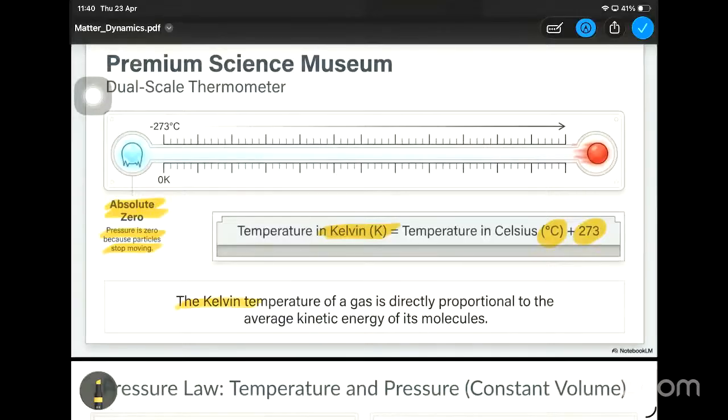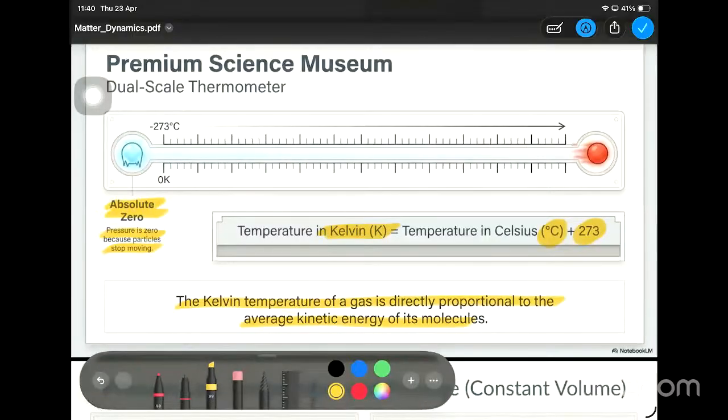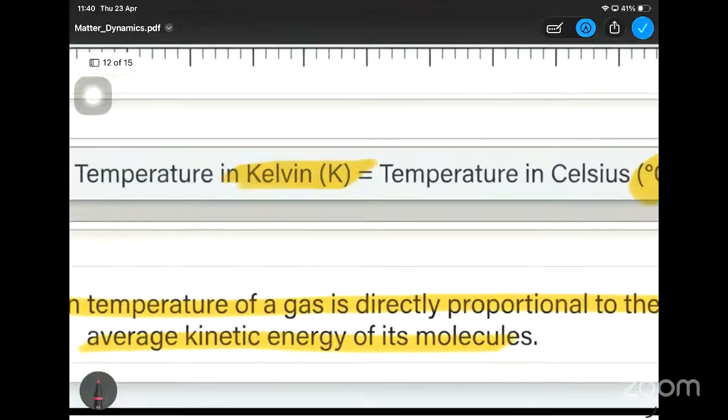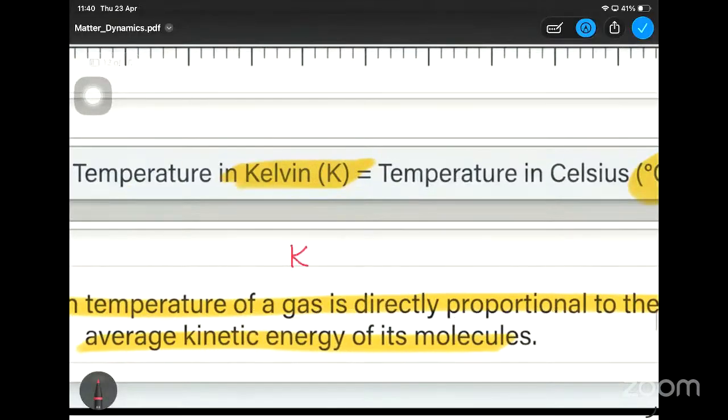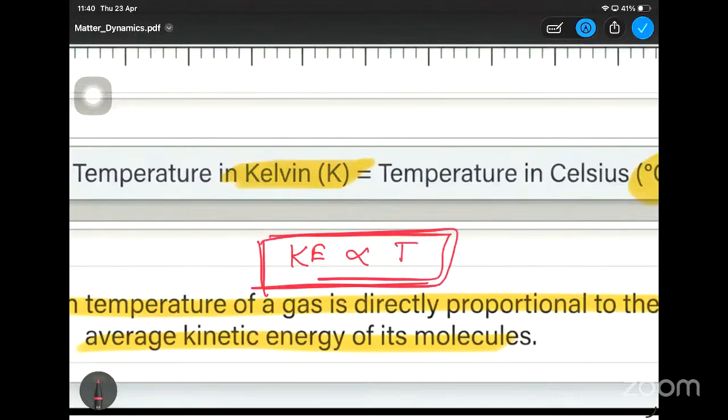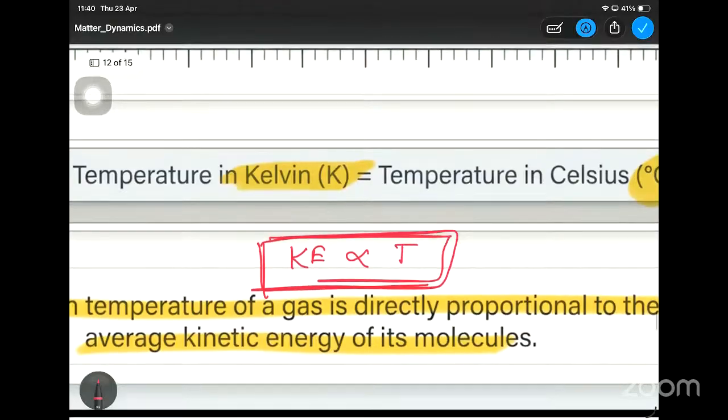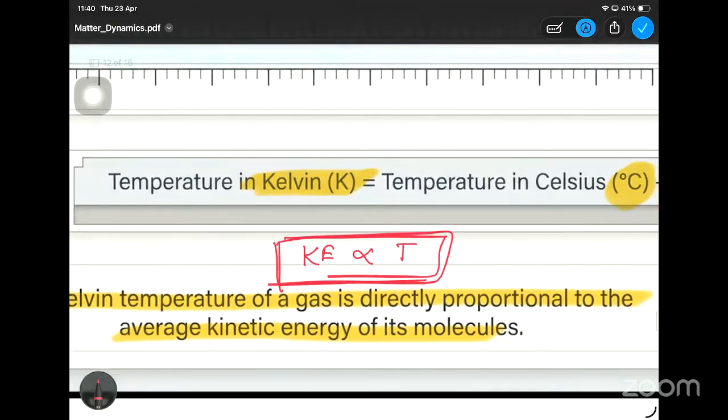The Kelvin temperature of a gas is directly proportional to the average kinetic energy of its molecules. I'll write the equation as well. Kinetic energy is directly proportional to temperature. Just remember the relationship, that's enough. If you increase the temperature, the kinetic energy will increase, and if you decrease the temperature, kinetic energy will decrease.